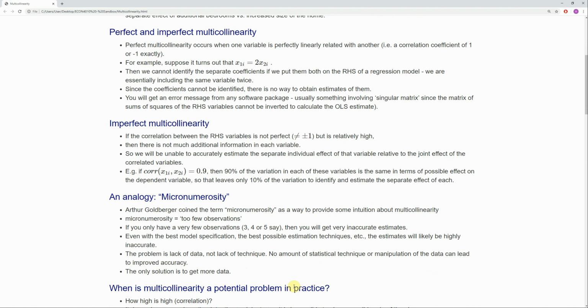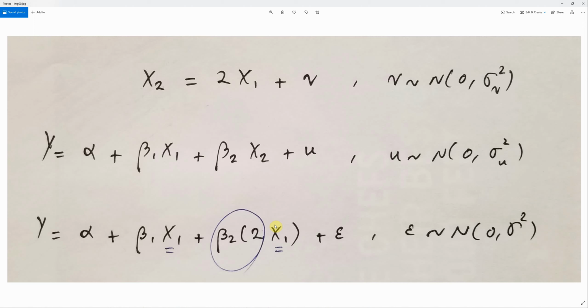Let's look at these equations. For instance, if x2 is equal to 2 times x1, and we don't want to have a perfect correlation, so we will have some type of error here.